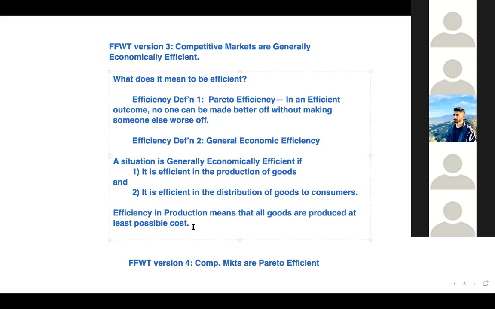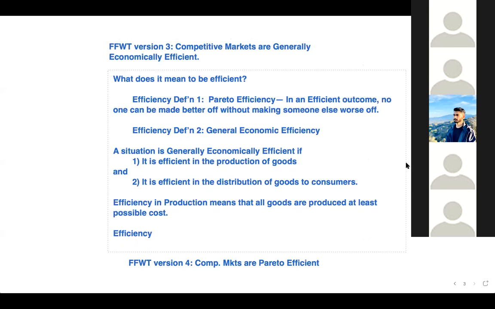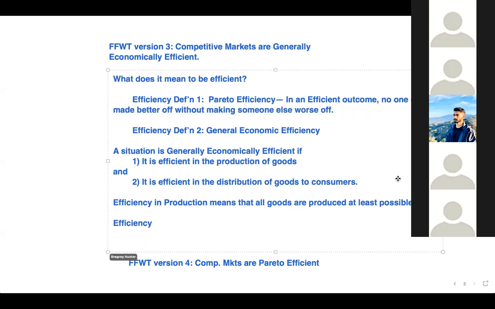Yeah. And I also want to point out, because this is just a language thing, that depending upon what you're reading, you may come across this: efficiency in distribution is sometimes also called allocative efficiency.